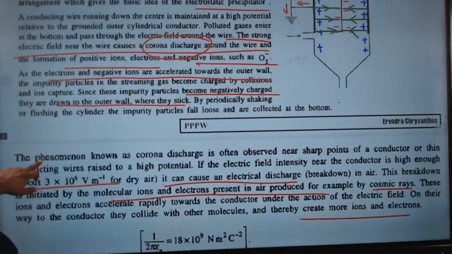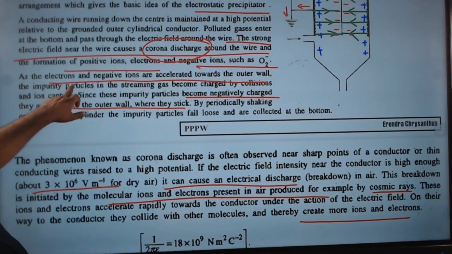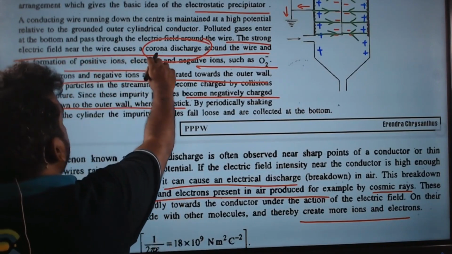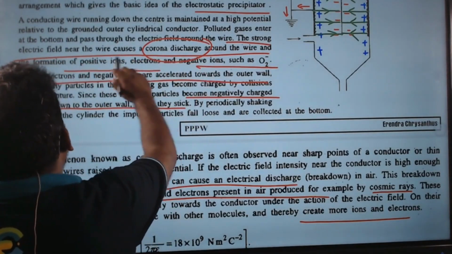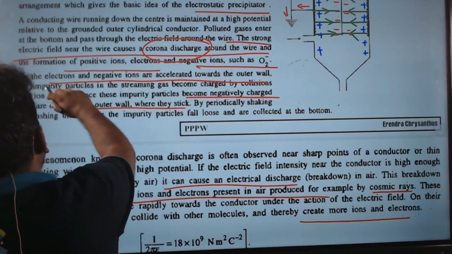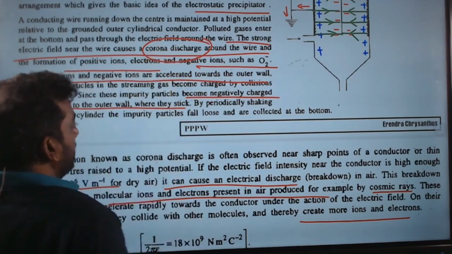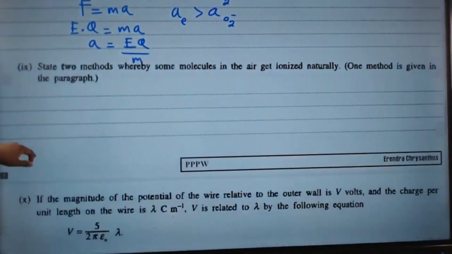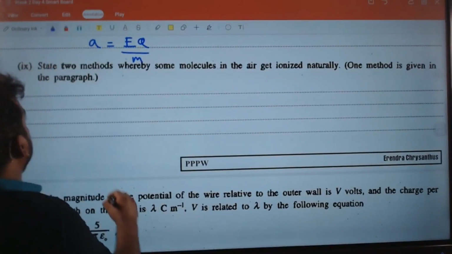The strong electric field in the wire causes corona discharge around the wire and formation of positive ions, electrons and negative ions such as O2 minus. So one method is corona discharge.